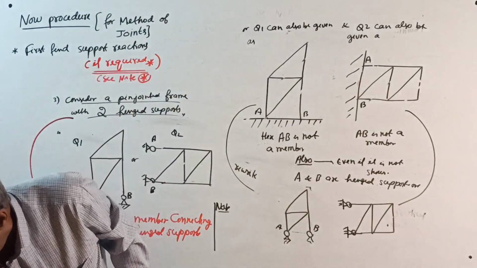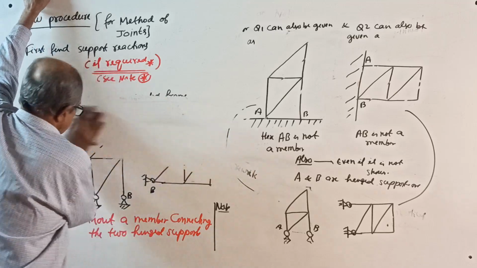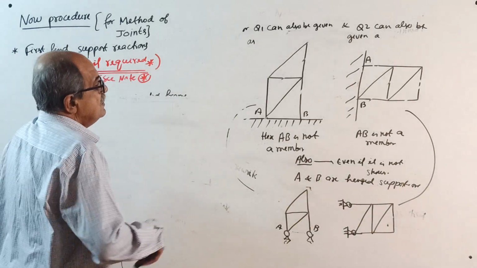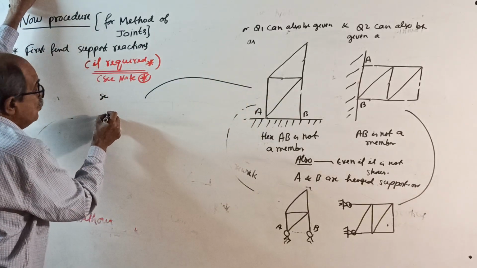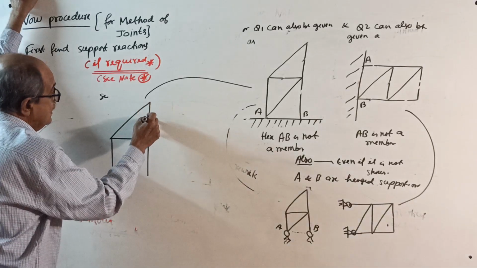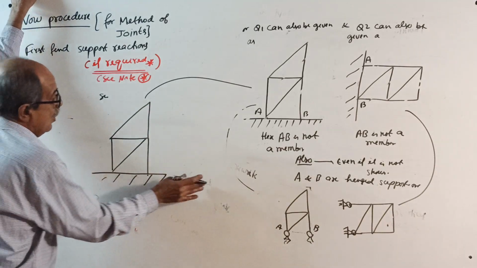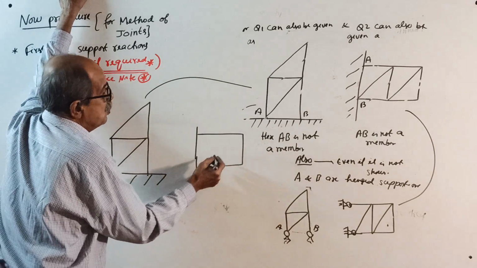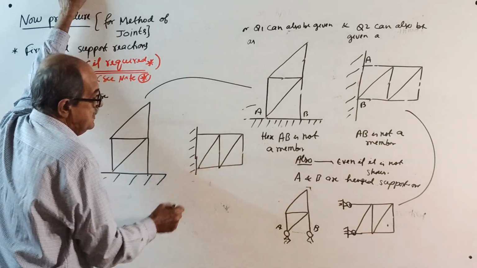Now one last note. In some questions, sometimes they give a sketch like this, but how they show the question is by a person who knows the subject. Even if he shows it this way or like this, a person who knows the subject understands.